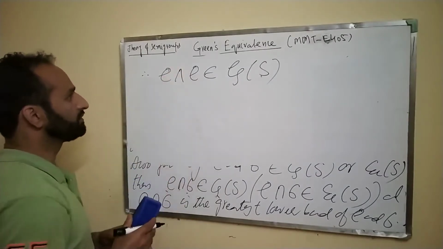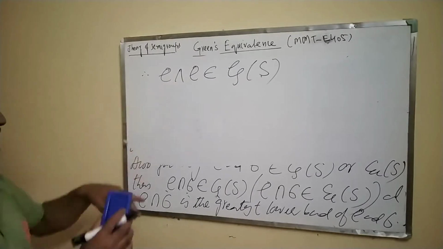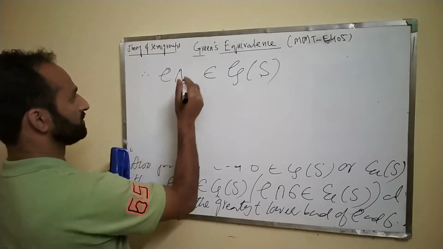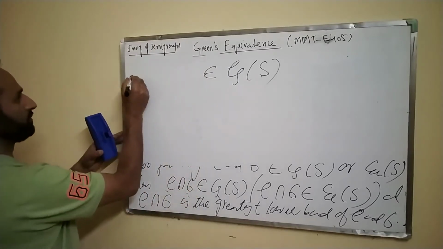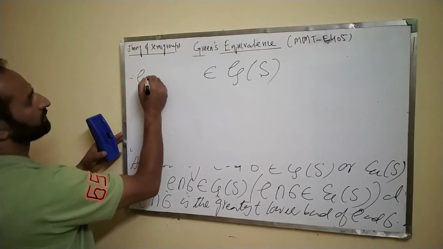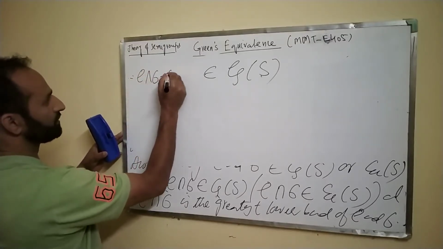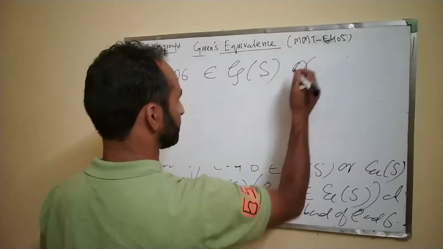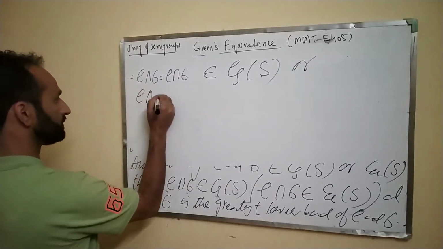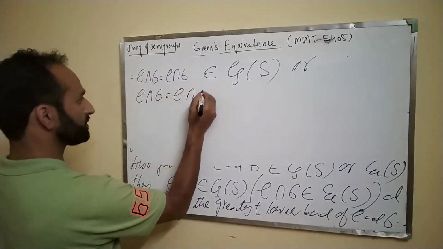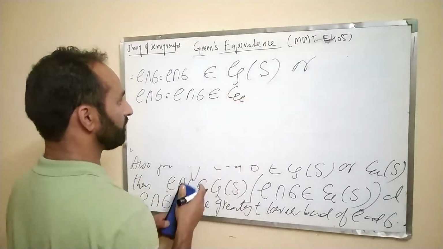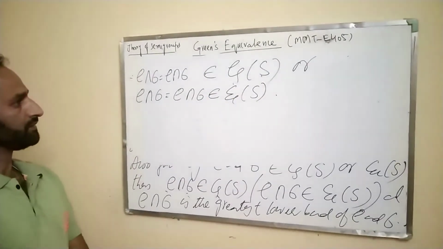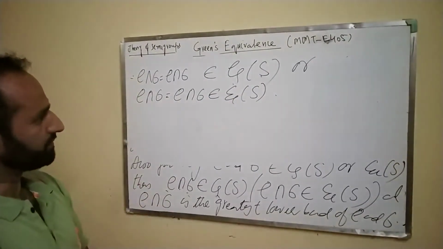Meet means the greatest lower bound, which is obviously the intersection. So rho meet sigma is equal to rho intersection sigma. It belongs to C of S, and for E of S it's also true. It belongs to E of S. So it's closed with respect to the greatest lower bound.